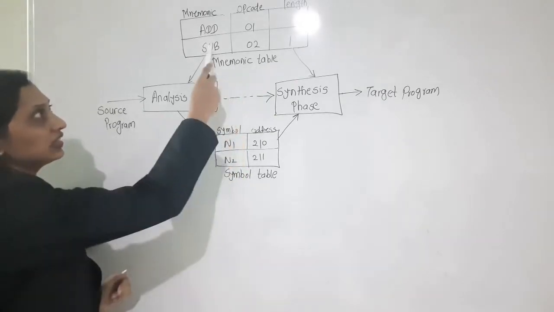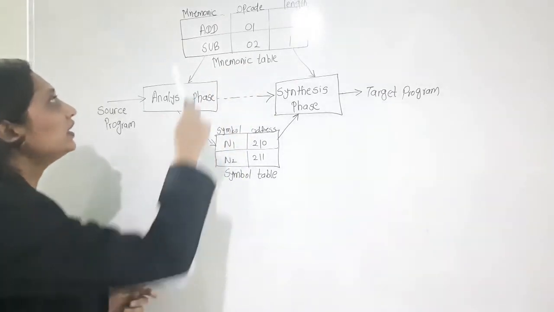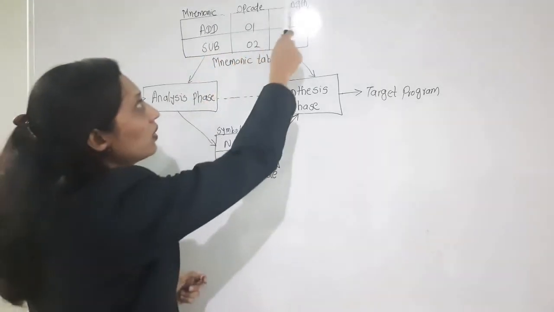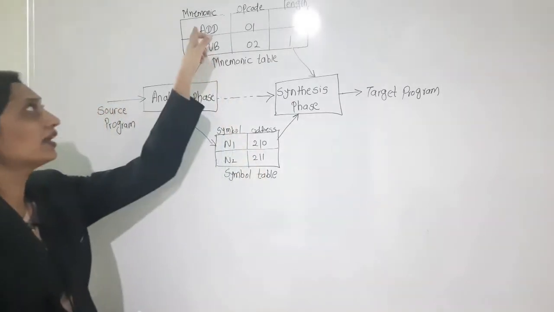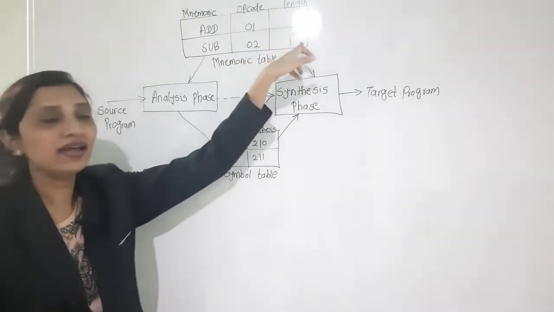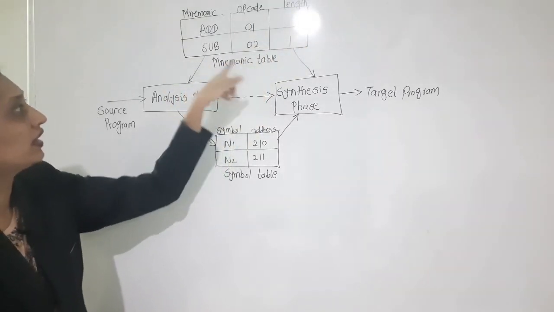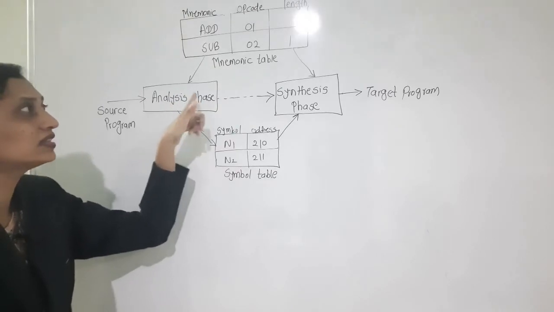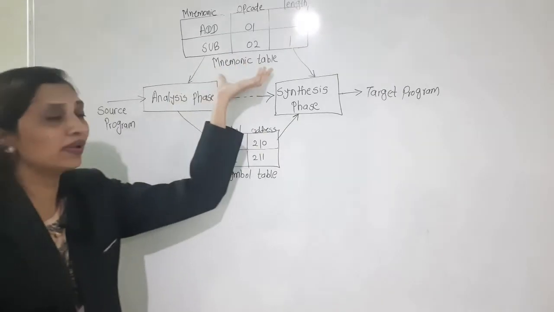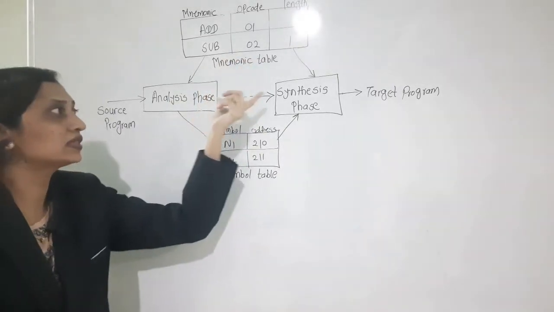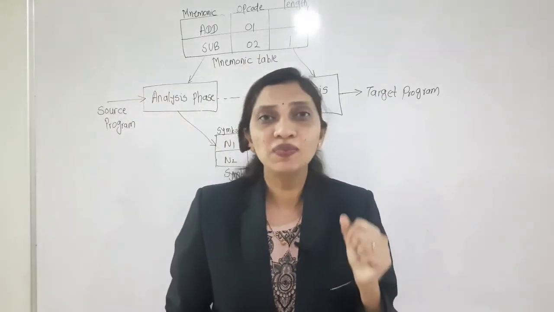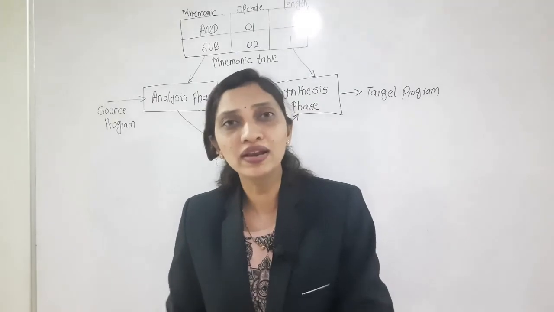The second data structure is the mnemonic table. The mnemonic table contains three fields: the mnemonic, the opcode and the length. Mnemonics are like ADD and SUB, with the corresponding opcode and length. The mnemonic table is used during the analysis phase and also during the synthesis phase, because the mnemonic table is specified by the developer of an assembler.